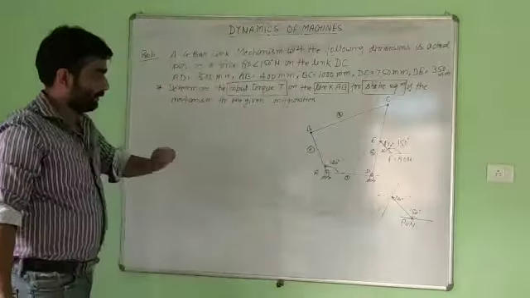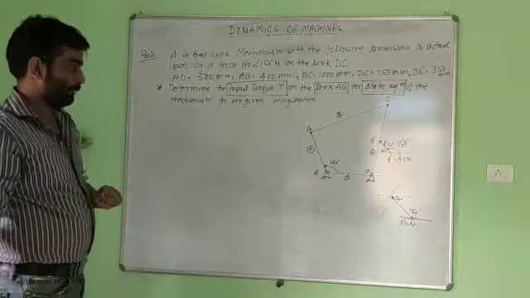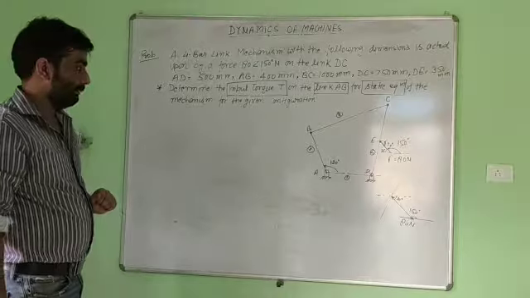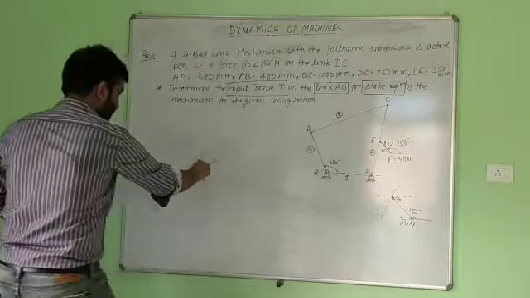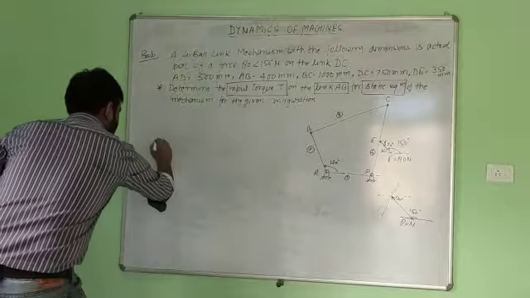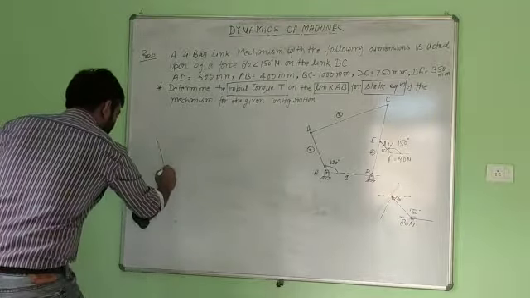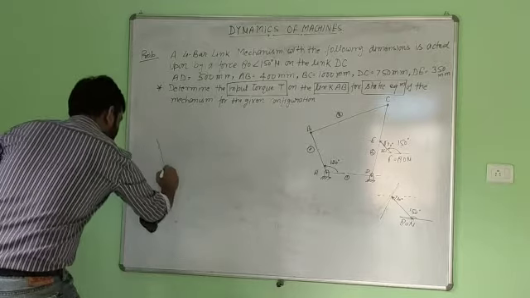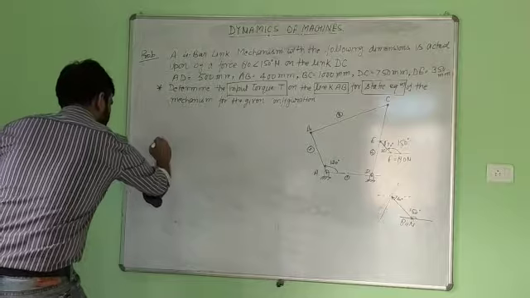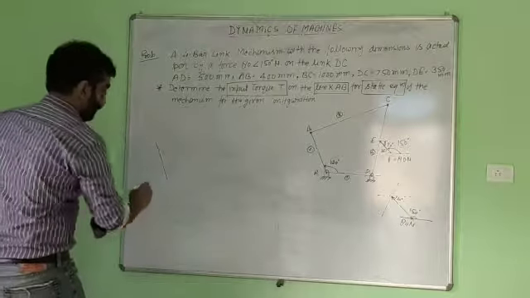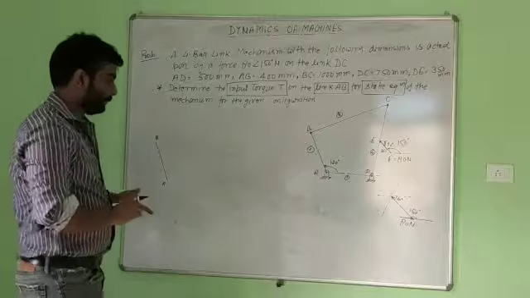Now draw the free body diagram of each and every member. Let's say we are taking member AB. Just draw a parallel line to AB by scaling. This is the line AB.